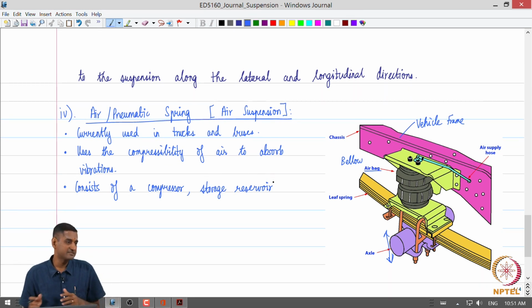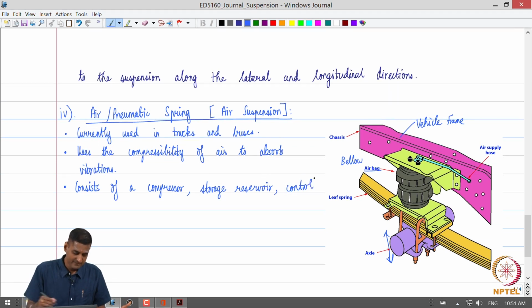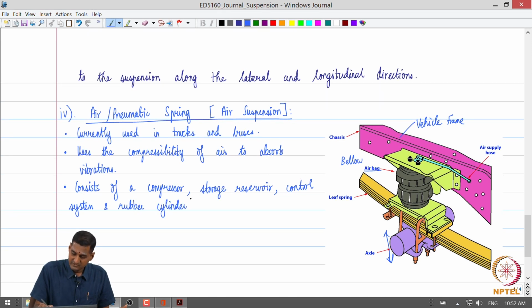Because we have an air brake system. So, this makes a natural fit there. So, we already have a source of compressed air. We need control valves, a control system, and a rubber cylinder or bellow, which is called the airbag.